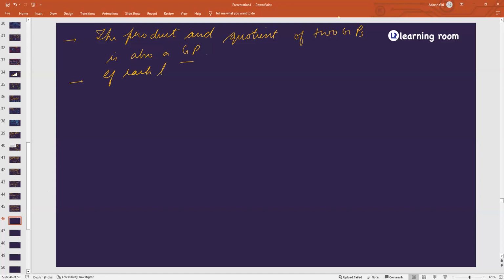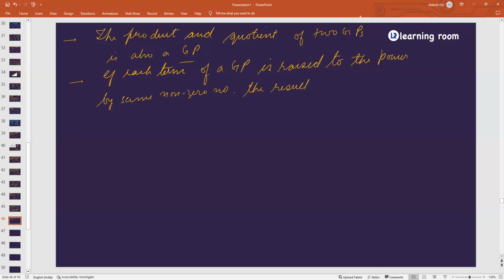If each term of a GP is raised to the power by the same non-zero number, the resultant sequence is also a GP.